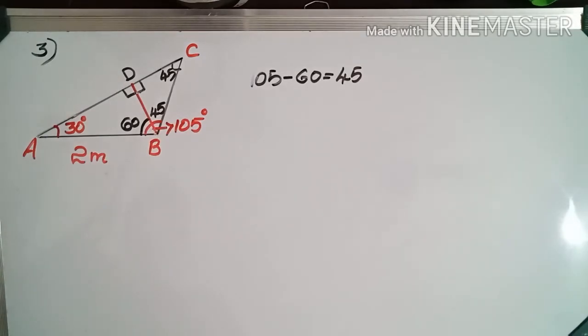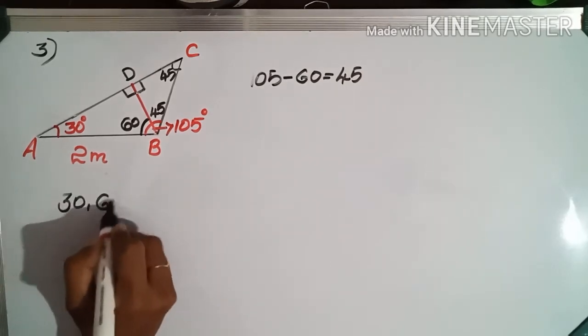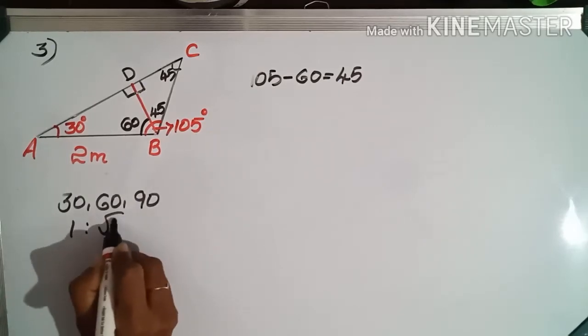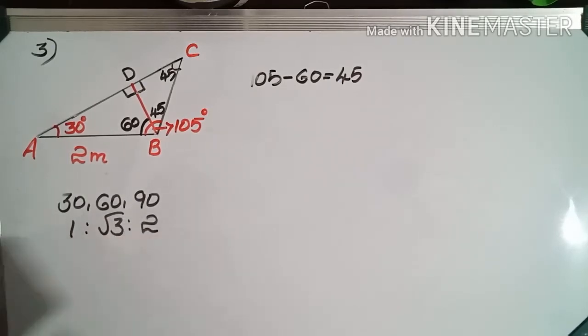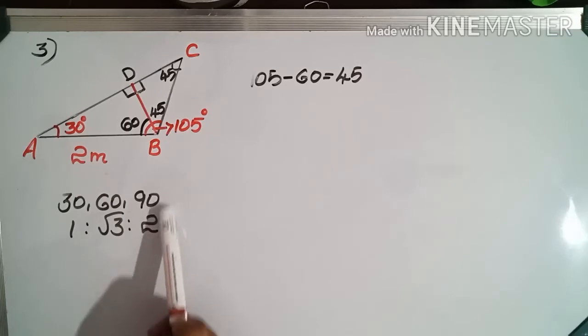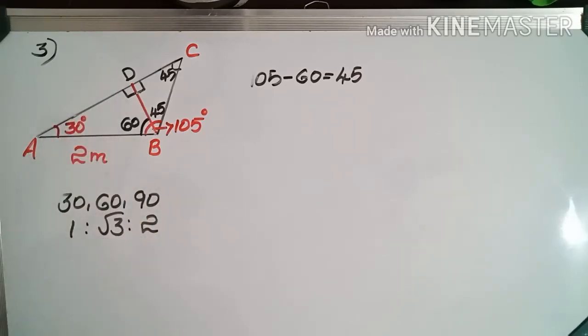Now it is easy to write the values. What is the ratio for 30, 60, 90? It is 1 is to root 3 is to 2. Here 2 is already given, that means the 90's opposite is 2. So the other two measurements will be 1 and root 3.